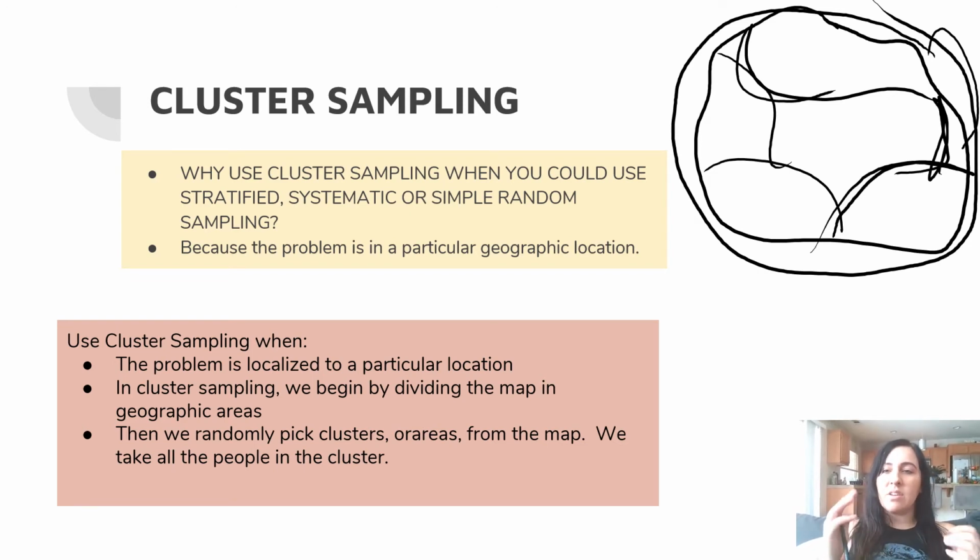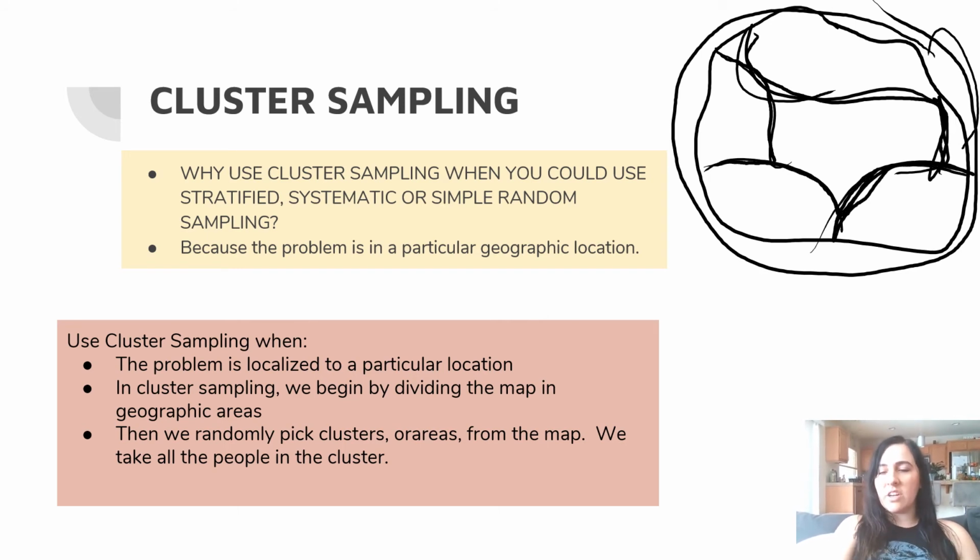Then we're going to start dividing the map into all the different geographical areas within the county. Maybe there's a specific area there. Then we're going to pick random clusters from this divided map.